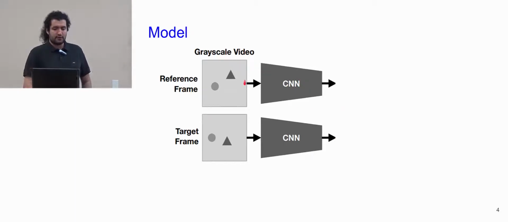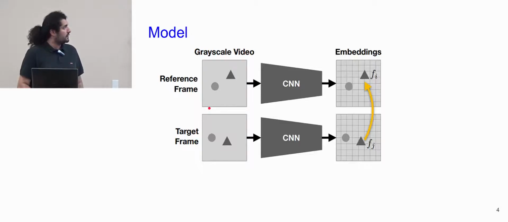First, they convert their inputs to the grayscale level for the reference and target frame. And these are the embeddings which the network learns. Each pixel in these embeddings is represented by a vector. Fi represents the reference frame features, and Fj represents the target frame embeddings.